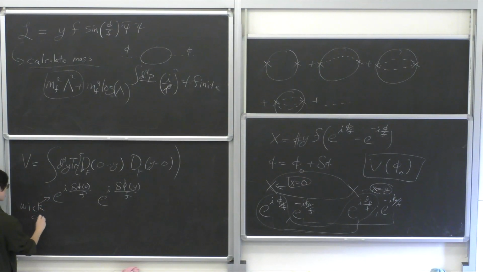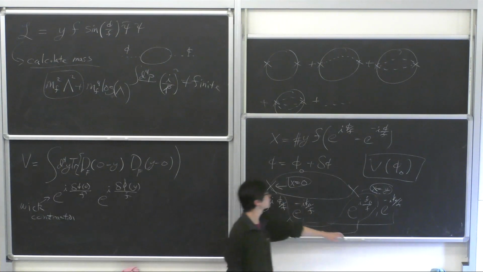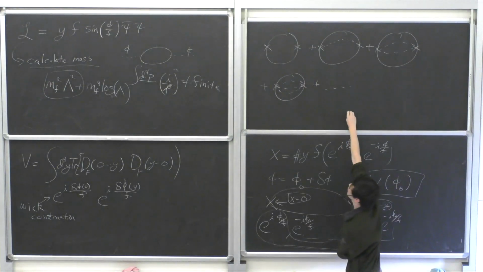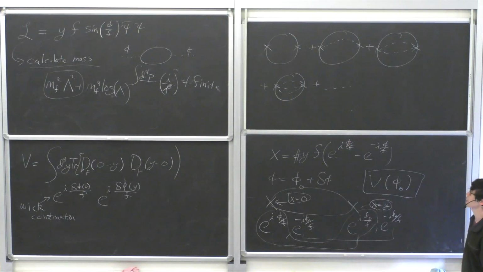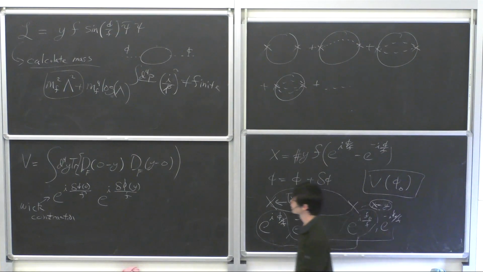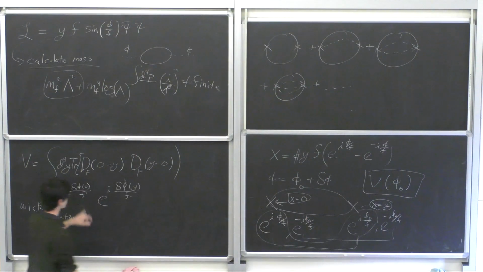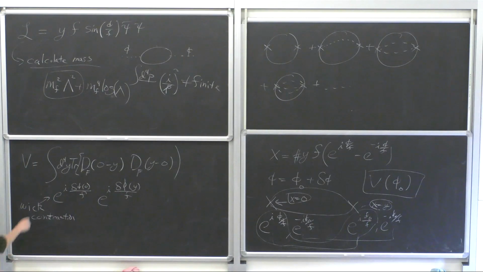Wick contractions to get my propagators. In other words, Wick contraction is what gives us all of that thing, right? When you Taylor series this, contract it, that's what I get. So let's go through here. There's going to be some order 1 numbers. I'm actually going to have to be careful with the order 1 numbers on the Wick contraction because it actually will matter.